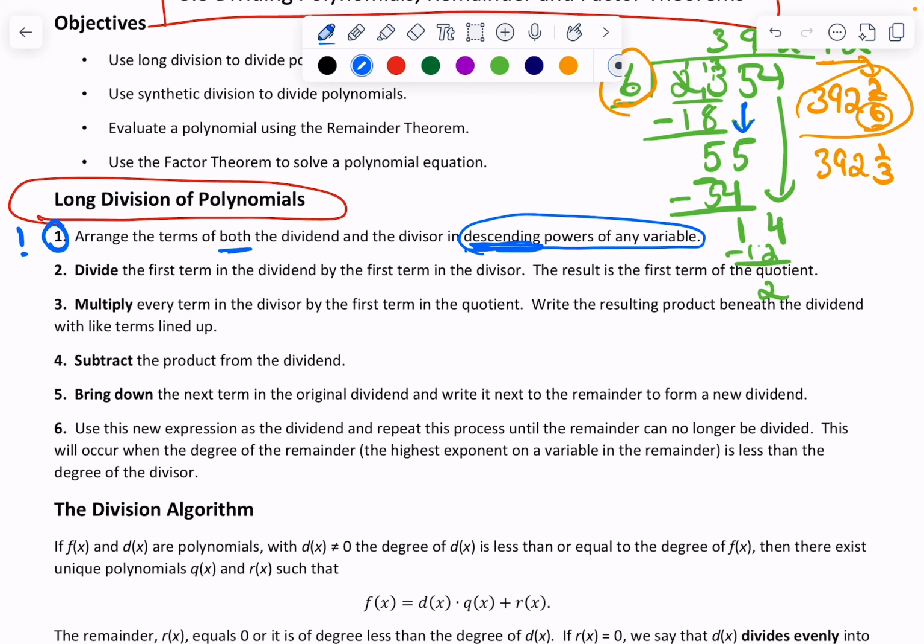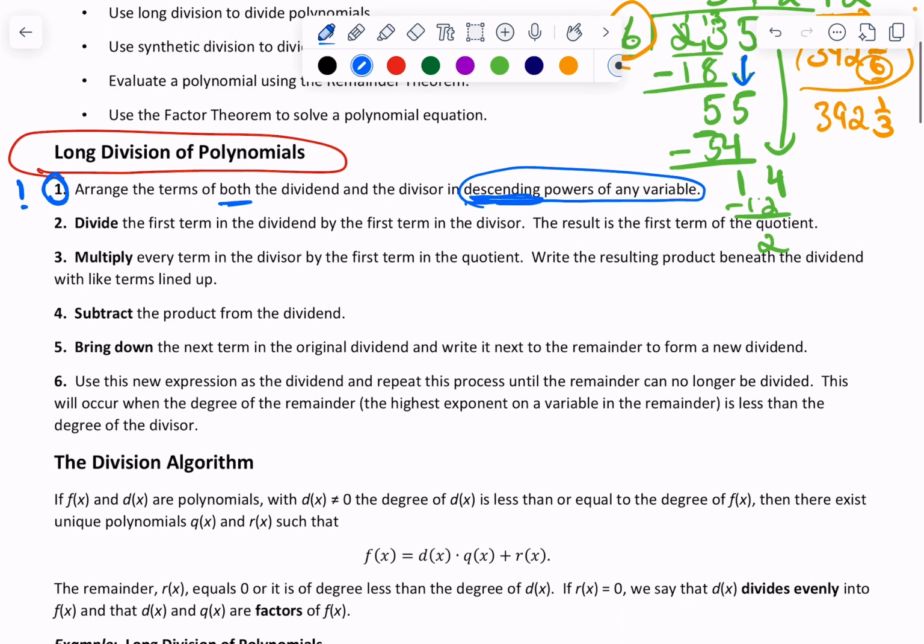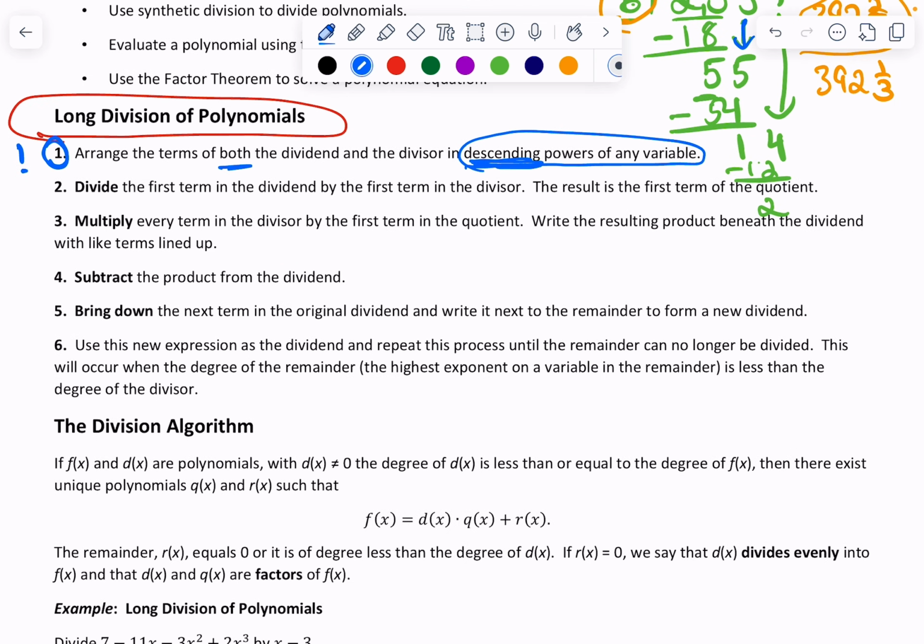So now, the division algorithm. If we have f of x and d of x as polynomials with d of x not equal to 0, and the degree of d of x is less than or equal to the degree of f of x, then there exist unique polynomials q of x and r of x such that f of x equals d of x times q of x plus r of x.